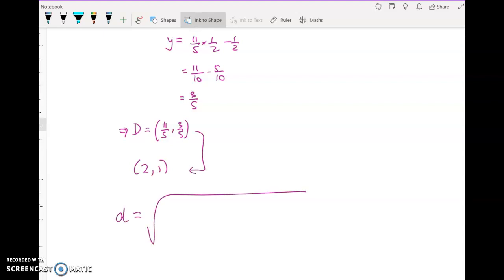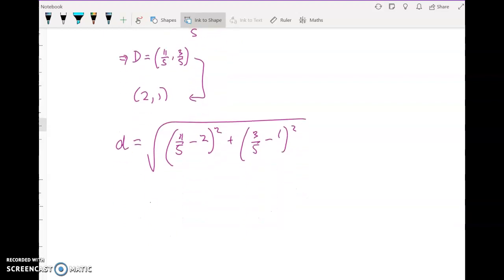So D is equal to the square root of the change in the x coordinates squared plus the change in the y coordinates squared, which is the square root of (11/5 minus 10/5), so that gives me 1/5 squared. And here we've got 2/5 squared.